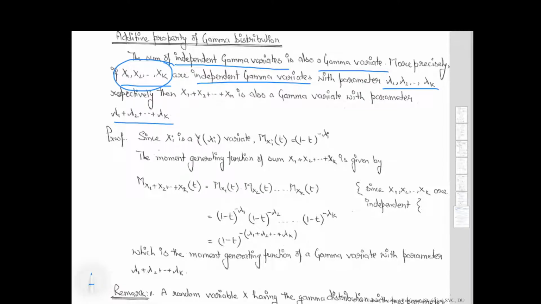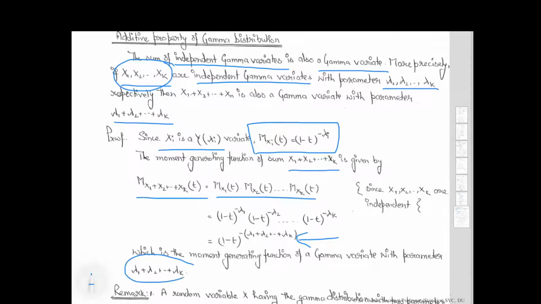Since xi is a gamma variate with parameter lambda i, its moment generating function is given by this quantity. Then the moment generating function of the sum x1 plus x2 plus x3 up to xk is given by this quantity. Since they are independent, we can write like this, or equal to this quantity, which is the moment generating function of the gamma variate with parameter lambda 1 plus lambda 2 plus lambda 3 up to lambda k.